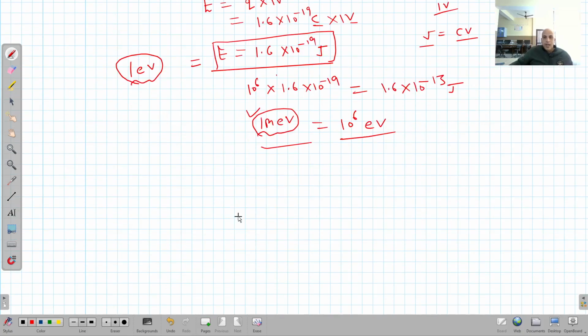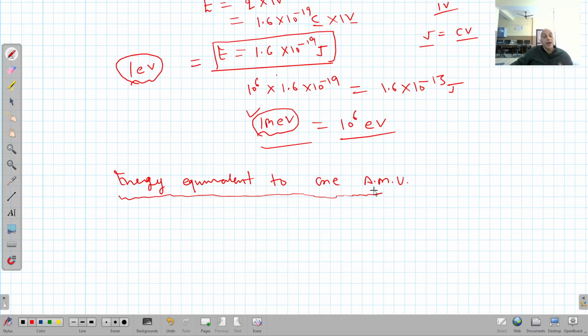Now I am interested in finding out the energy equivalent to 1 AMU. Many times this question is asked in the examination: define 1 AMU, also calculate the energy equivalent to 1 AMU. 1 AMU means 1 atomic mass unit.